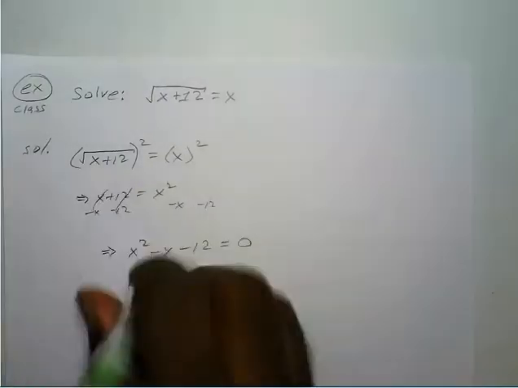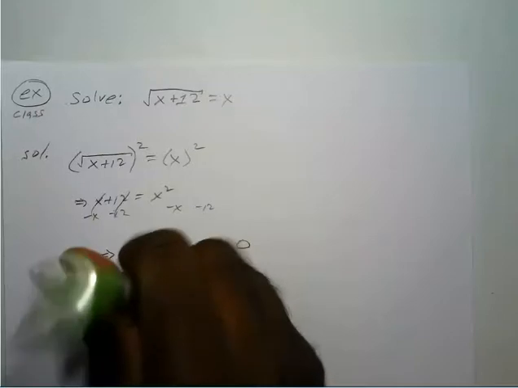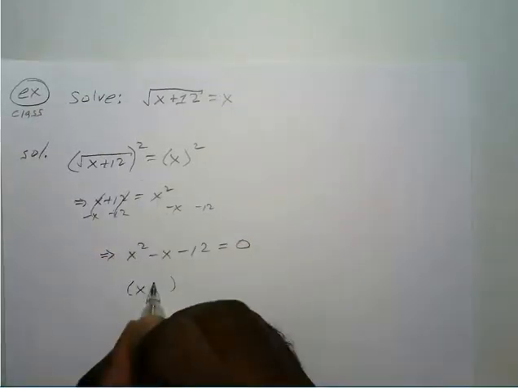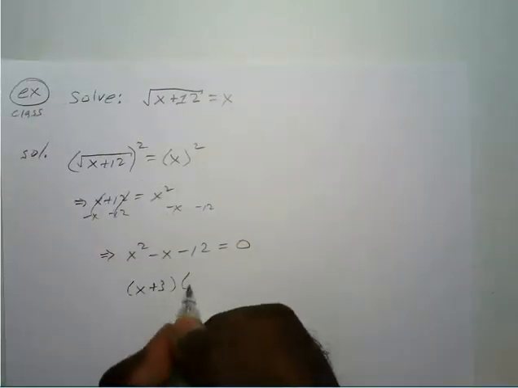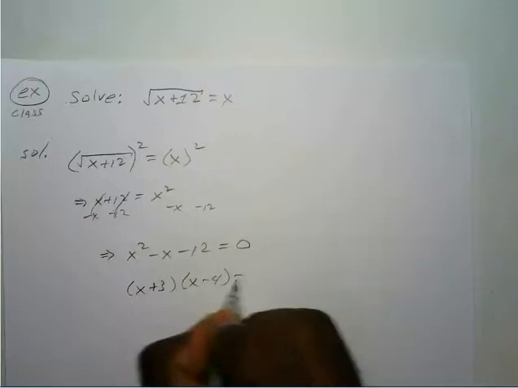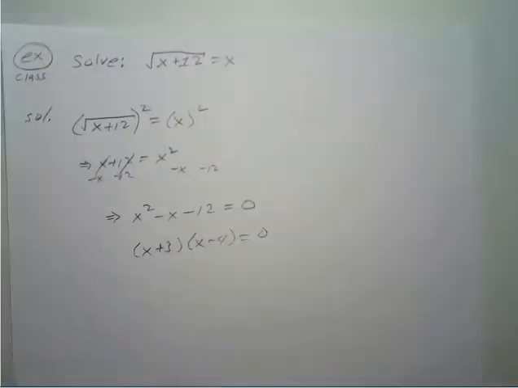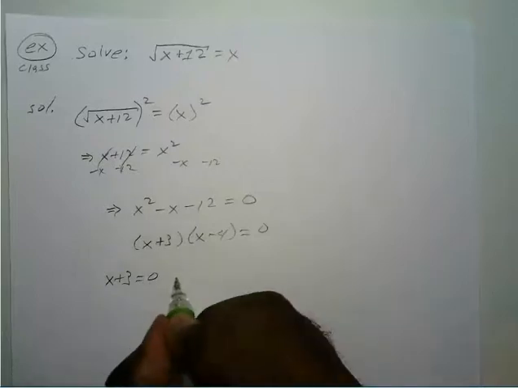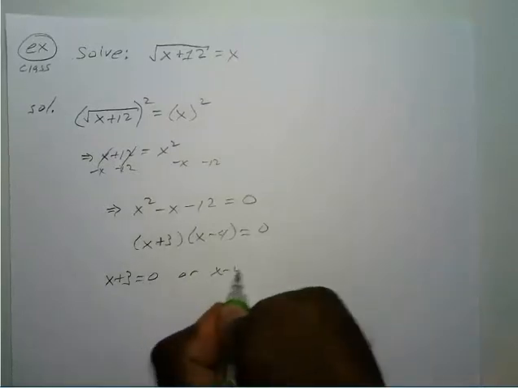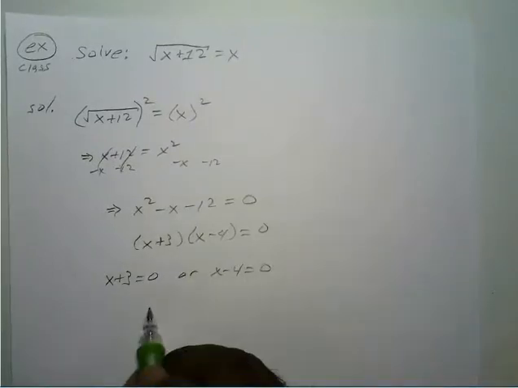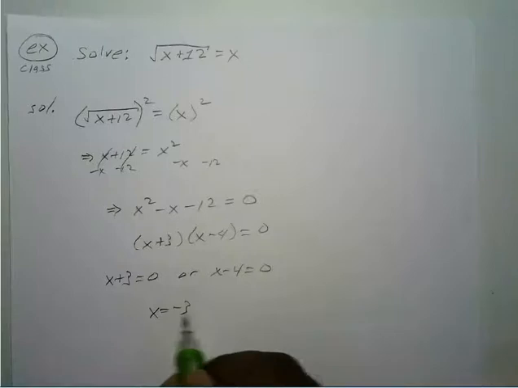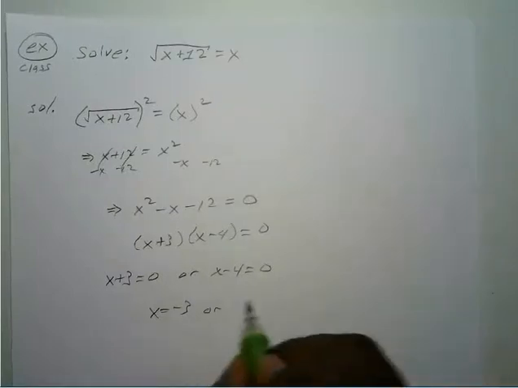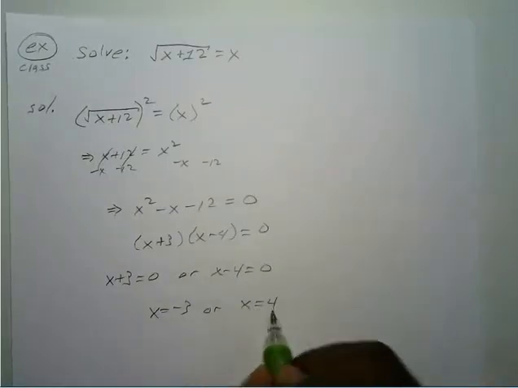Let me clean that up a little bit. X plus 3 times x minus 4 equals 0. So of course that means that our x plus 3 can equal 0, or our x minus 4 can equal 0. Or x can equal negative 3, or x can equal 4.